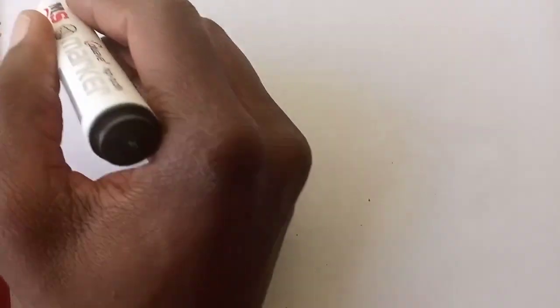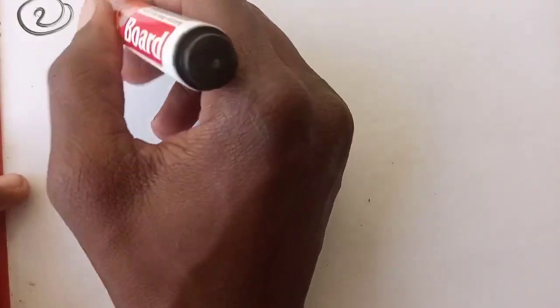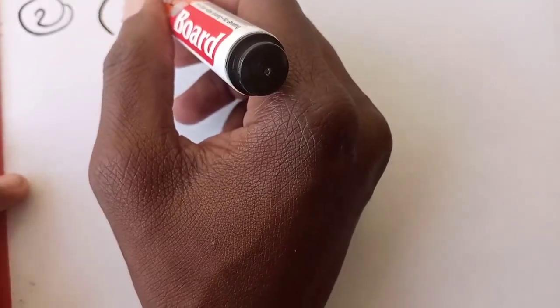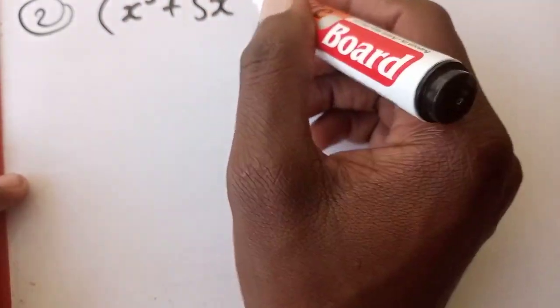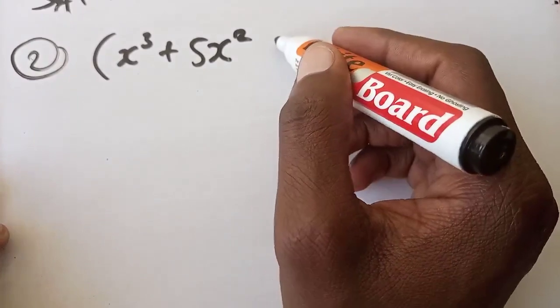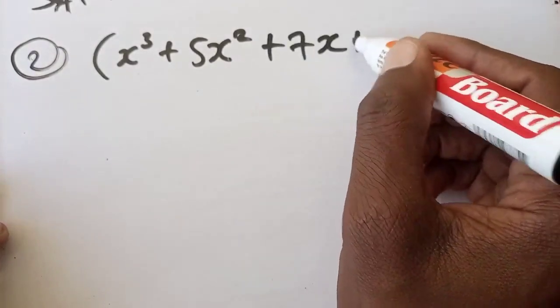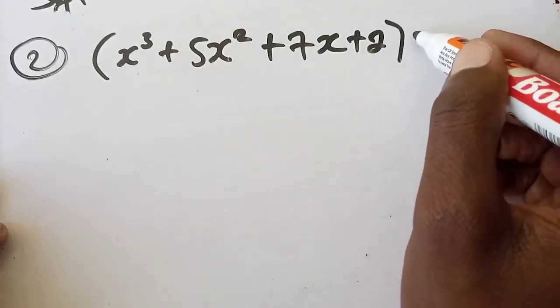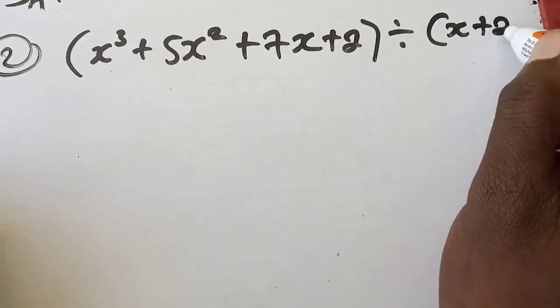Question 2, we have x to the power 3 plus 5x squared plus 7x plus 2, divided by x plus 2.